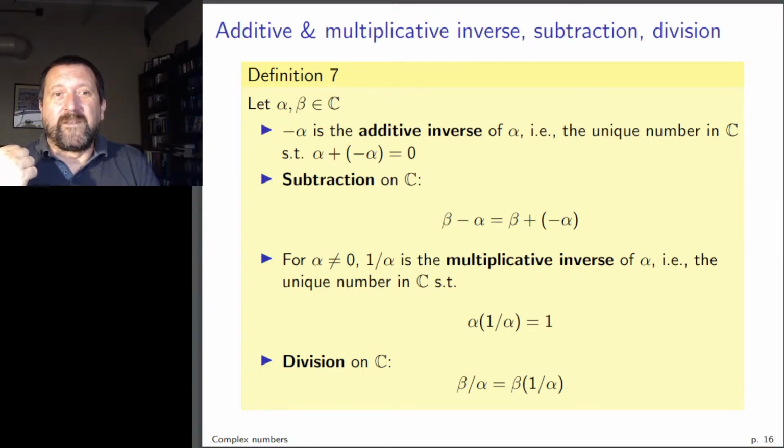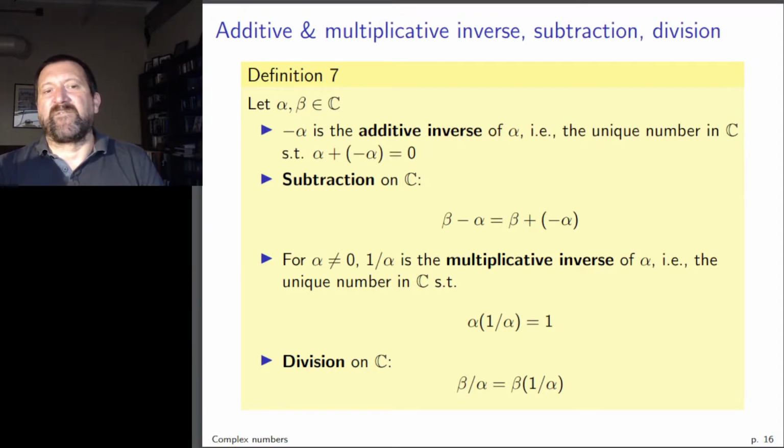I've talked about additive inverse and multiplication, etc. So here are some examples. Remember I said for every alpha there's a unique beta such that alpha plus beta equals 0. Well, if alpha is the number, then minus alpha is the additive inverse, okay?